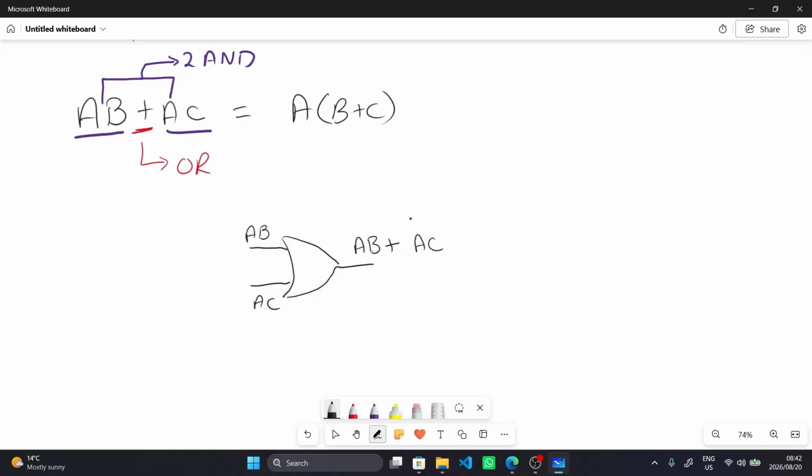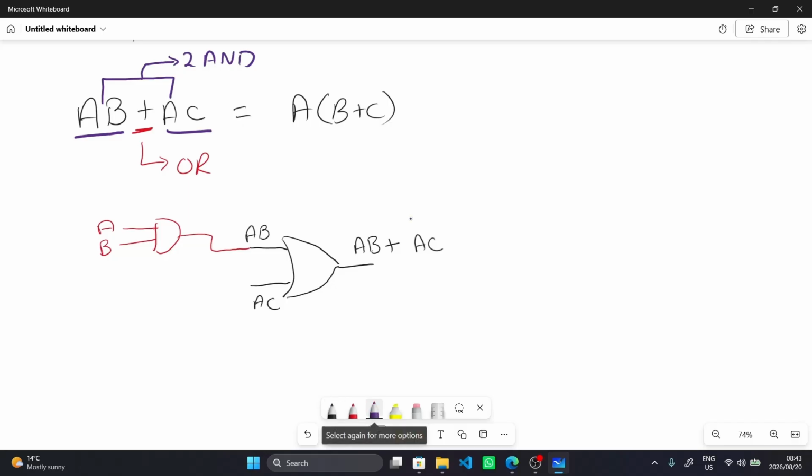We go to AB first, which is an AND gate, A times B. So we will have our AND gate here with inputs A and B, because this output gives you AB.